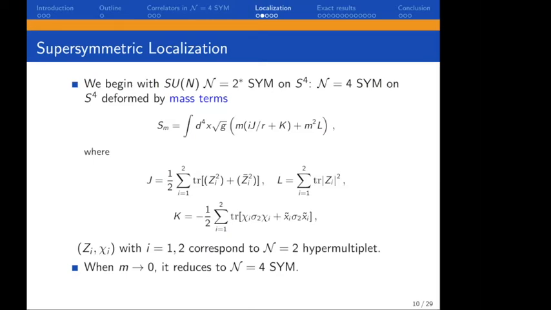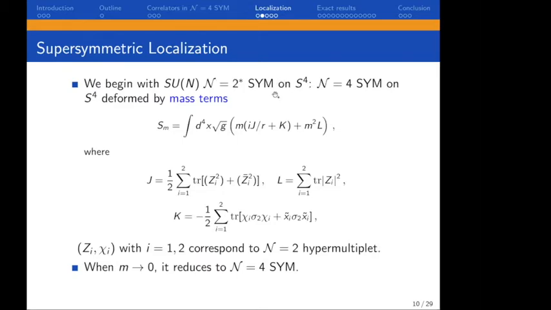So again, let me remind you, we want to compute correlation functions in N=4 super Yang-Mills, on flat space R4, but let me start with a different theory, called N=2* super Yang-Mills, on S4.